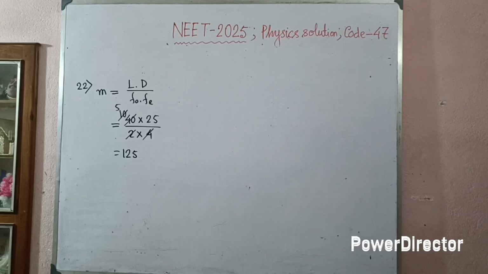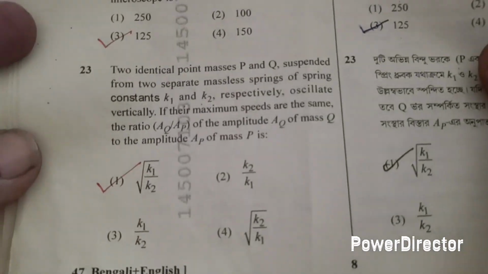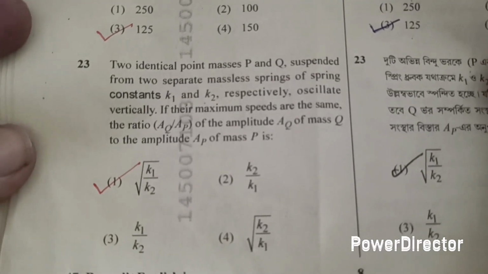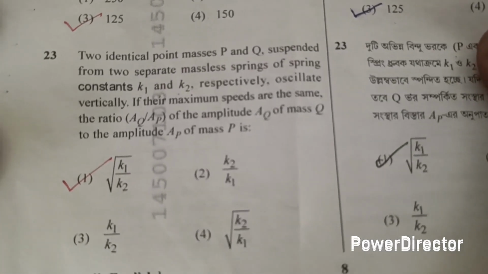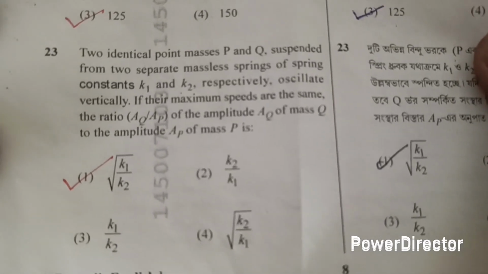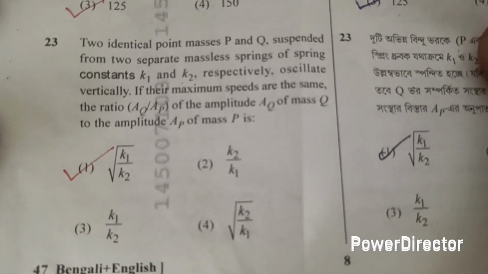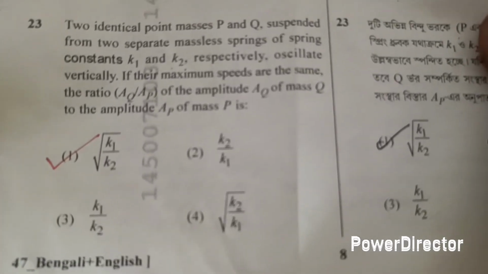Now look, question number 23. Question number 23. Two identical point masses P and Q suspended from two separate massless springs of spring constant K1 and K2 respectively oscillate vertically.